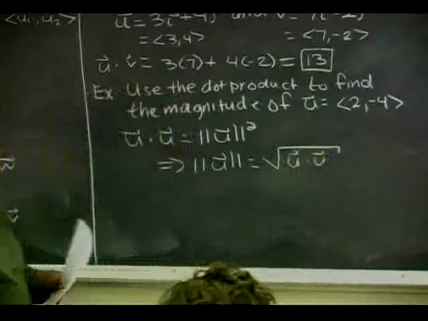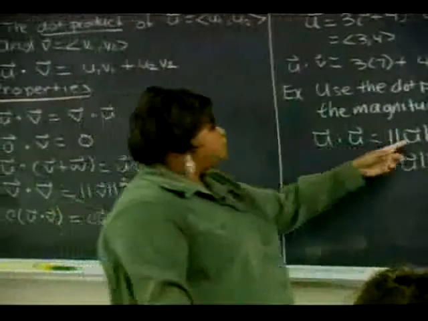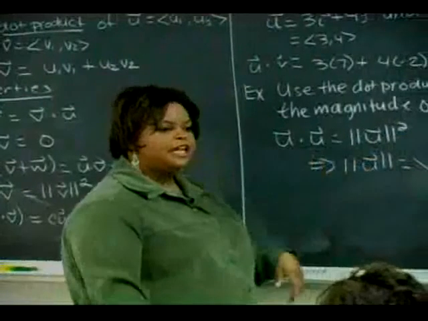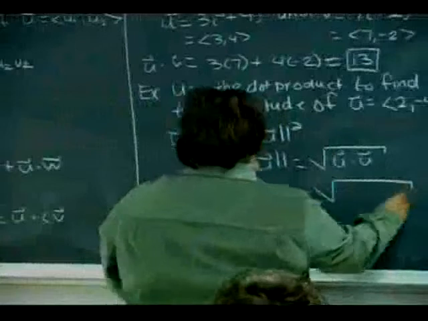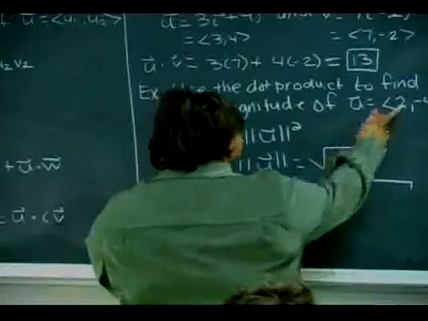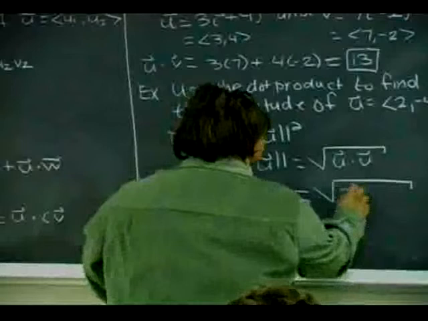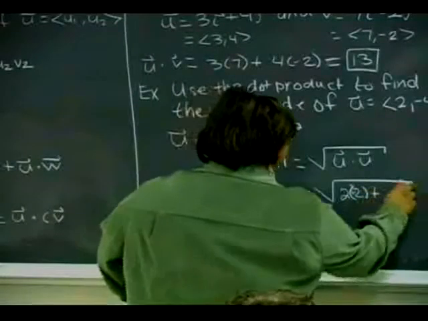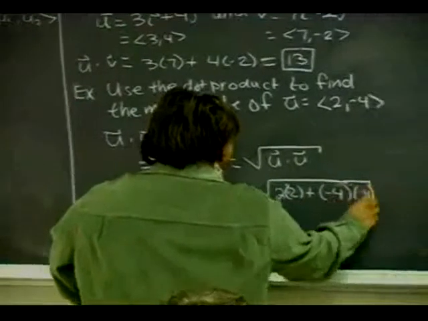Right? We have this property here that u dot u is the length of u squared, so I can find the length of u by taking the square root of both sides. So what is u dot u? Well, it's u1 times u1, which is 2 squared, or 2 times 2, plus u2 times u2, which is negative 4 times negative 4.